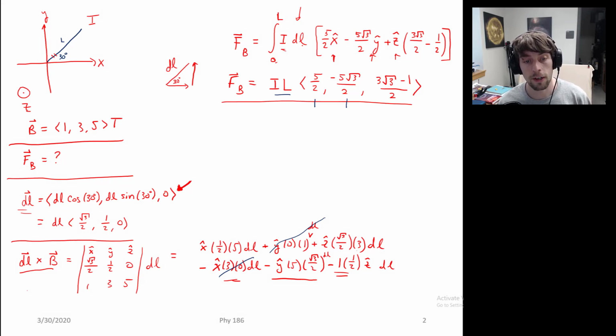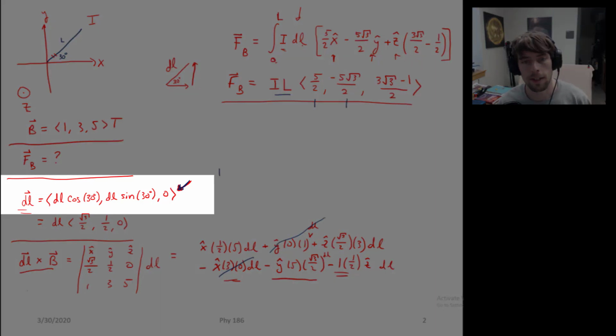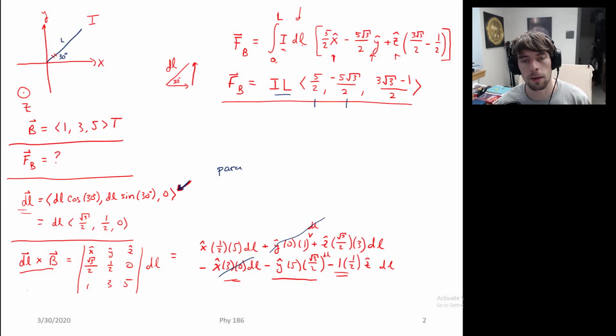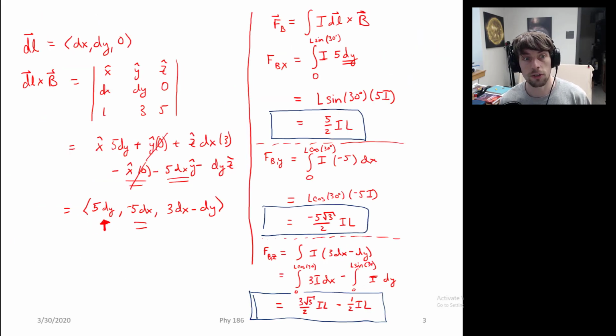Like I said, if I express dl this way, I have, I think the technical term is, parameterized the length of wire according to dl. Here, you're just integrating, you say dx and dy, and you use the limits of integration to actually integrate along the proper dl. Either way, you get the same thing. Pretty cool, huh?